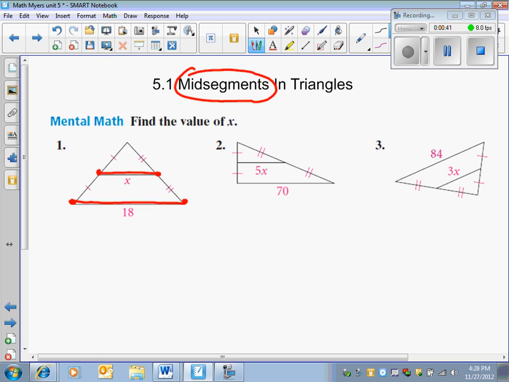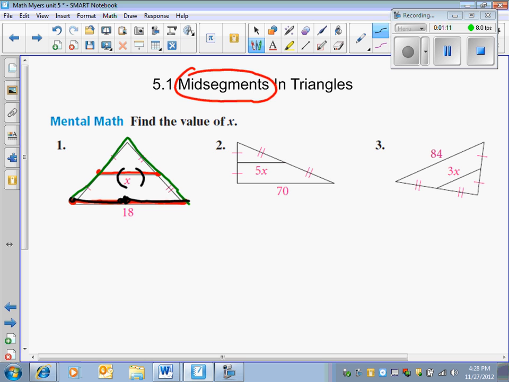Clearly, you can see that the third side, I call it the third side because this would be one side, this would be the second side, so I call that side the third side. It's the only side not connected to the mid-segment. We talked in class that this mid-segment reaches from here to here, and then we would need another one to go here. What does that mean?